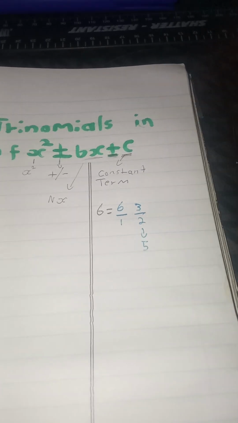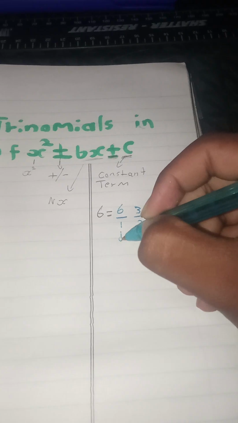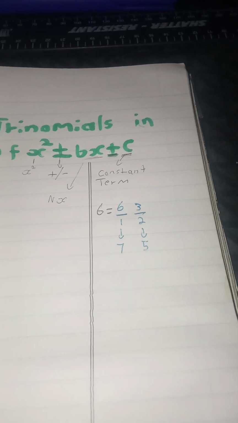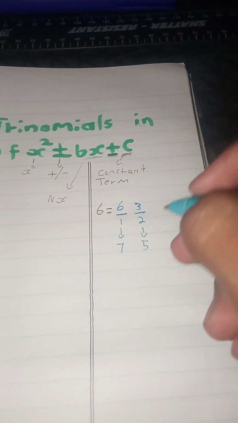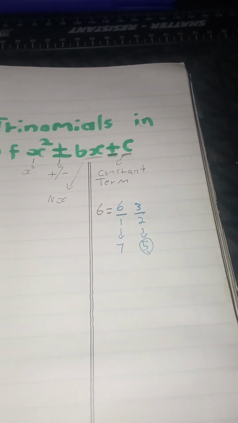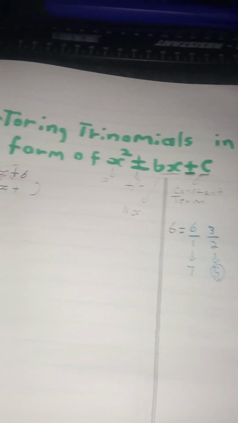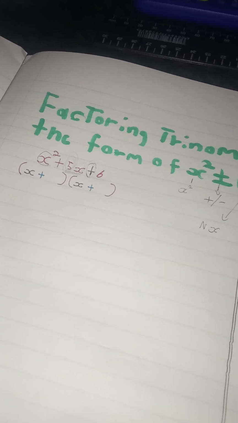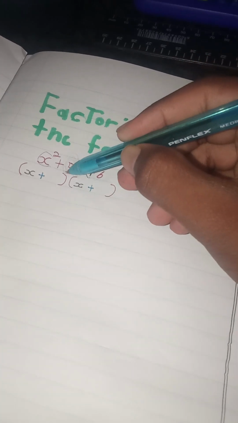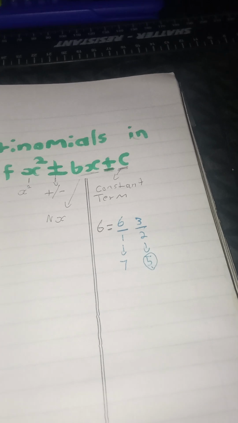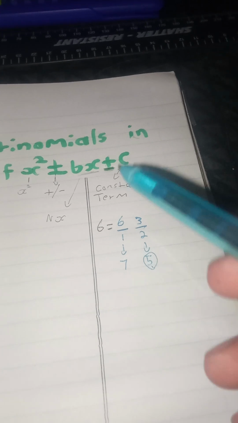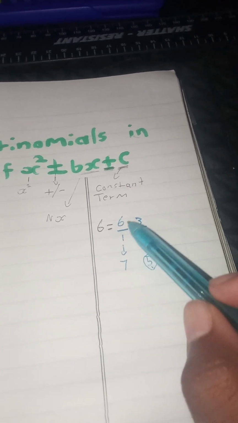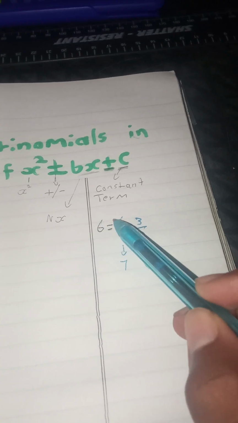So this will give you 5, and this will give you 7. So what shall you do? Well, luckily we have 5, because remember, our bx, our middle term, is the 5, and we find the 5 by adding 3 and 2, and when you multiply them, you'll get back to 6.